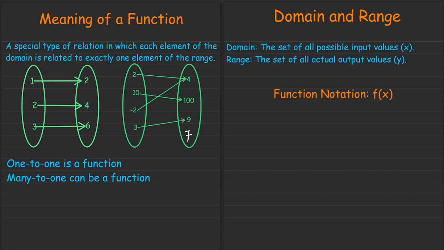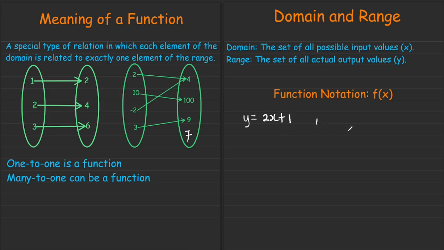The last thing we want to look at under this section is the function notation. In most lessons that we have covered so far, we would see functions written as y equals 2x plus 1. But mathematicians often do not want to write it this way.